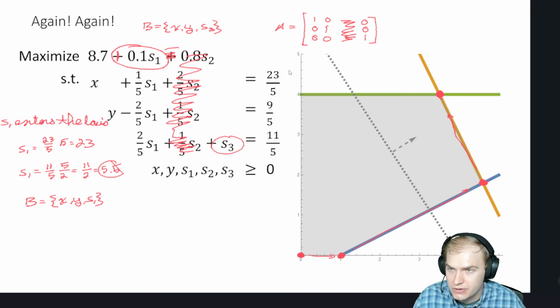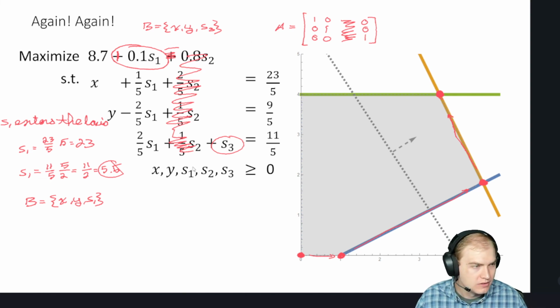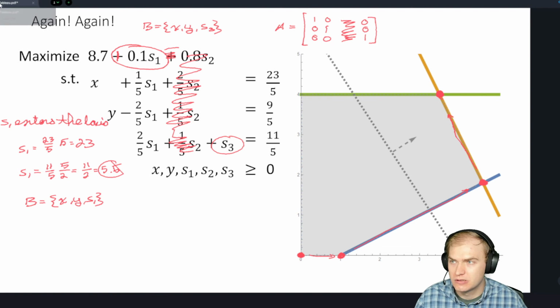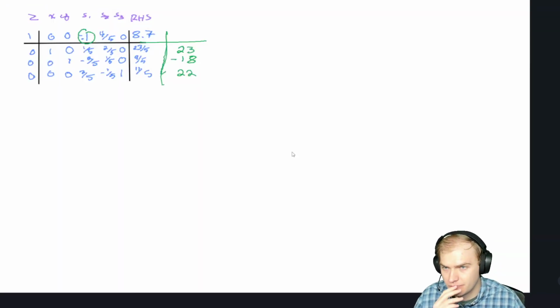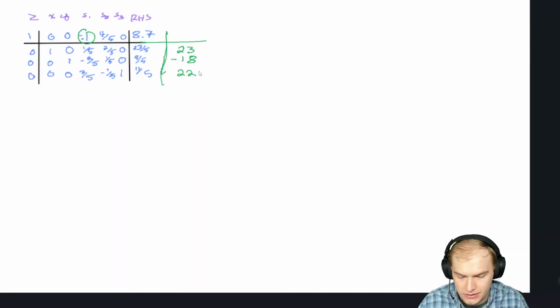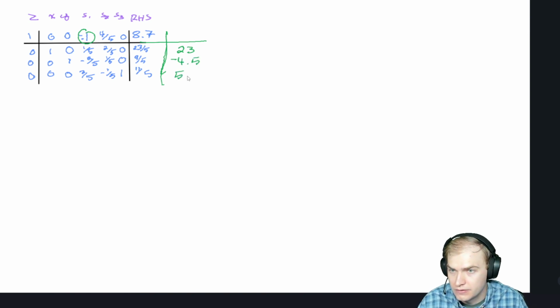And you'll notice that this canonical form is the same as the Tableau we're currently experimenting with. So this is actually negative 4.5, and this is 5.5.